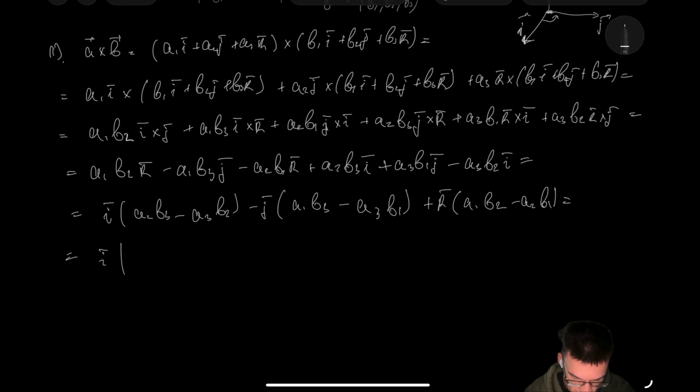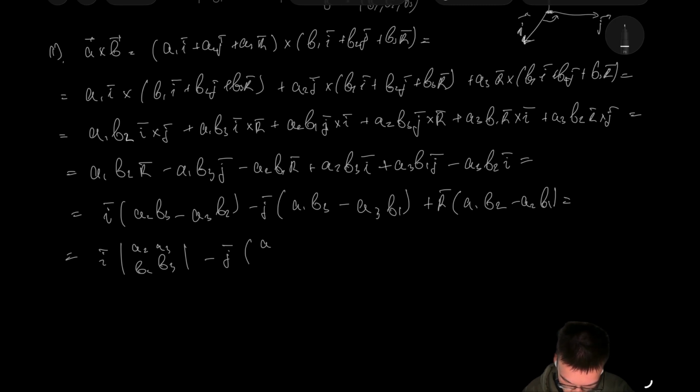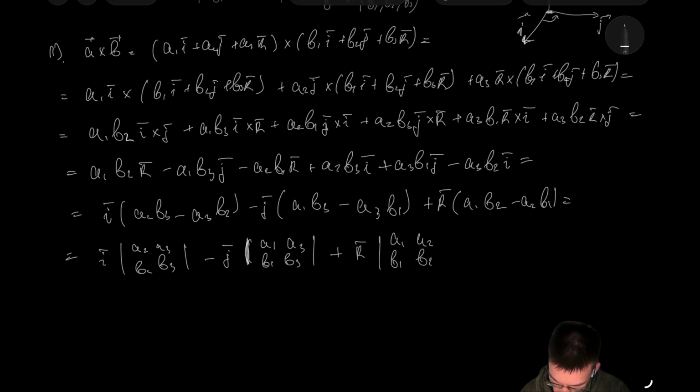So i times the determinant a2 b3, a3 b2, minus j times the determinant a1 a3, b1 b3, plus r times the determinant a1 a2, b1 b2.